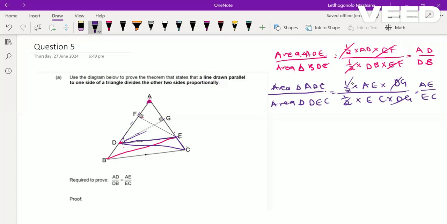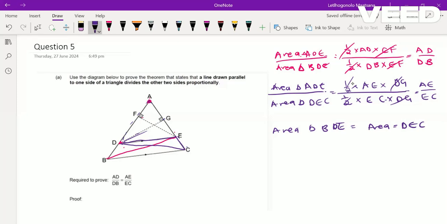But we can see that the area of the triangle BDE is equivalent to the area of the triangle DEC. Why do we say that? Because they have the same bases, right? EC and DB are equivalent to each other.